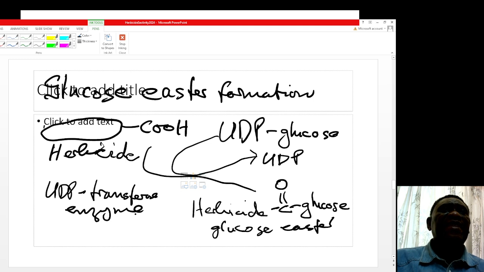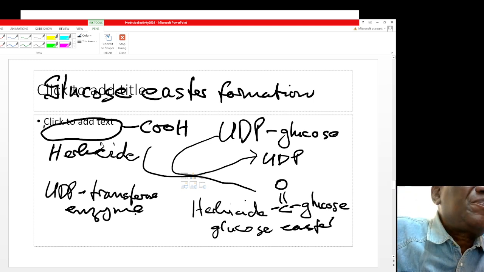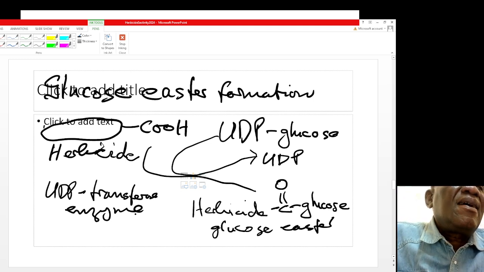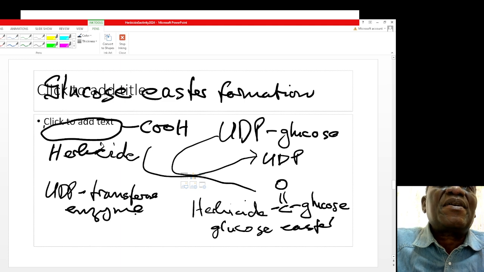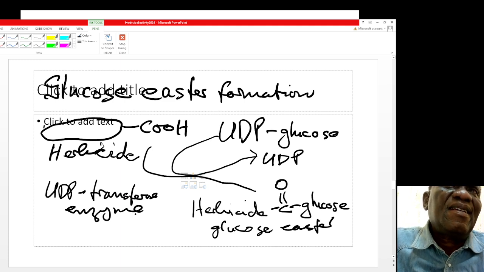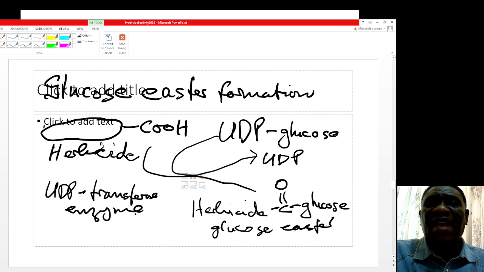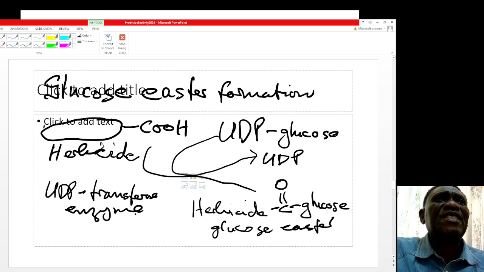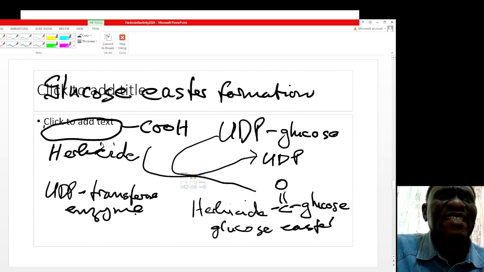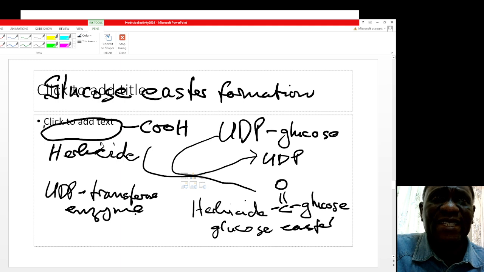Now please remember that for the sugar there are three reactions which take place where sugar will participate in detoxifying the herbicides depending on the radical which is being carried, which can be OH, NH2 or COOH.